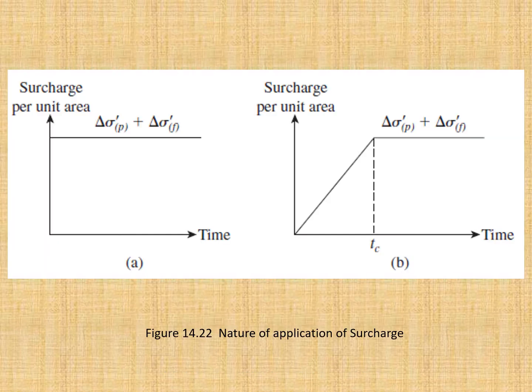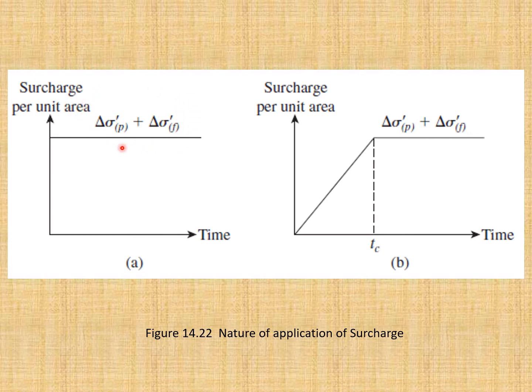Okay, when the surcharge is to be placed, there are two options. One option is that we can apply the total surcharge instantaneously, that means in a shorter span of time. But if your soil is very soft, you cannot dump this much total surcharge instantaneously.